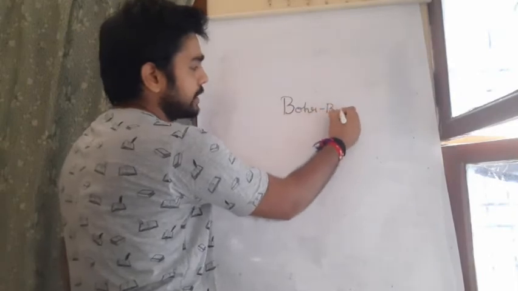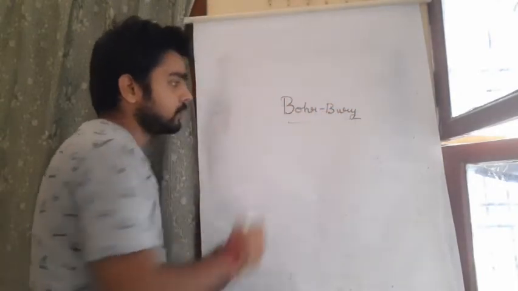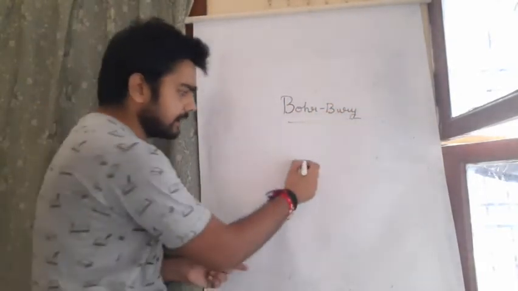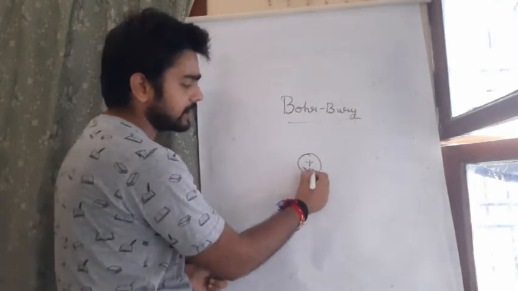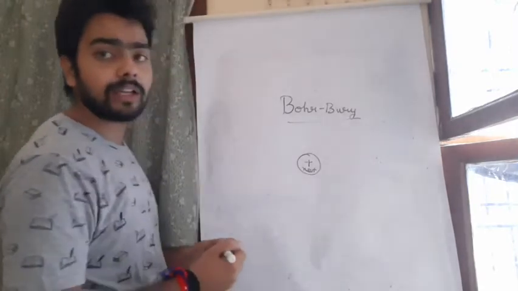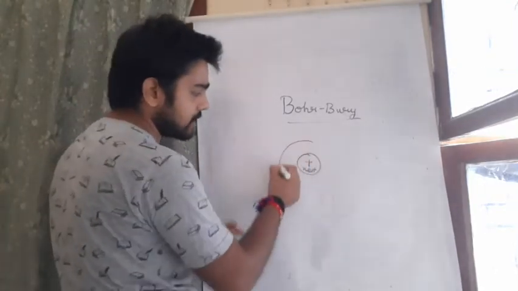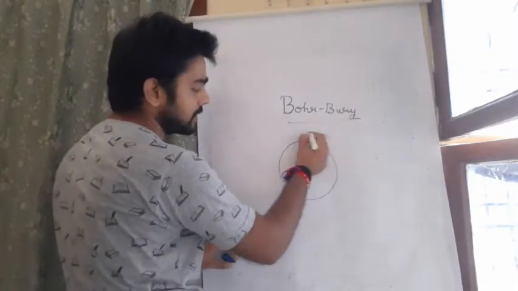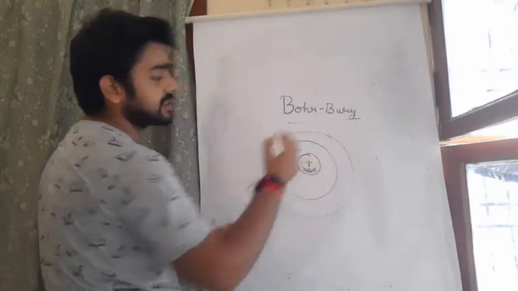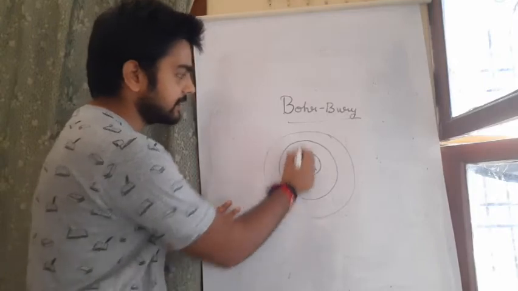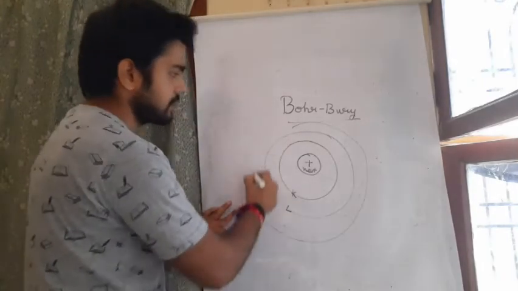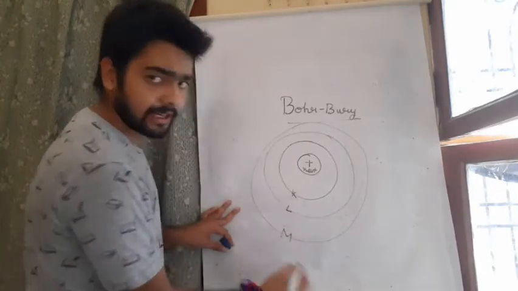Two scientists, Bohr-Bury, came up with a structure of atom. They said that the positive charge along with neutron is situated at the center, known as the nucleus, and around it the electron revolves, but it revolves in fixed shells. That is, the first shell is named as K, then L, then M, N, and so on.